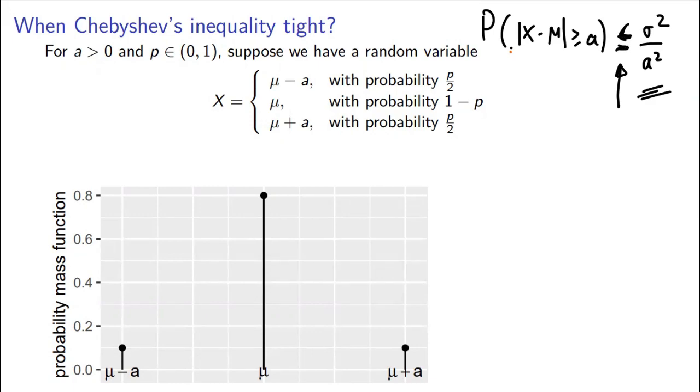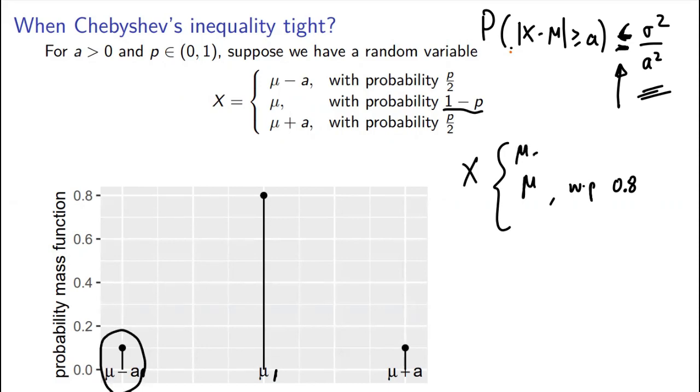And this is one scenario. Suppose you have the average mu right in the middle. For this example, the probability, I'm going to write it out here. X takes a value of mu with probability, for this example, 0.8, which is 1 minus p. And with probability of 0.1, x takes a value of mu minus a.